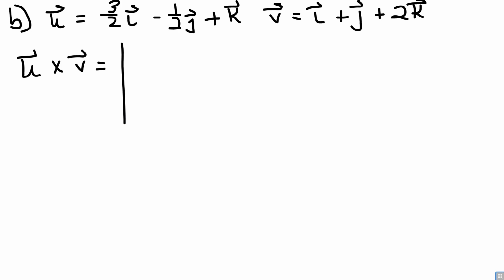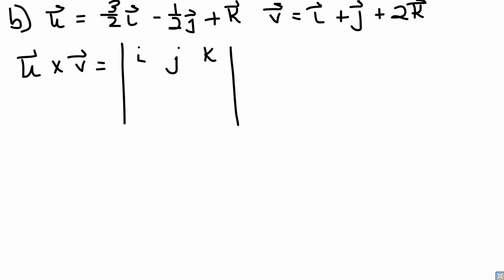Okay, so if we do u cross v, the first row is going to be what? No, that's not going to be the first row. IJK? Yeah, it's IJK. Now, the second row will be u.